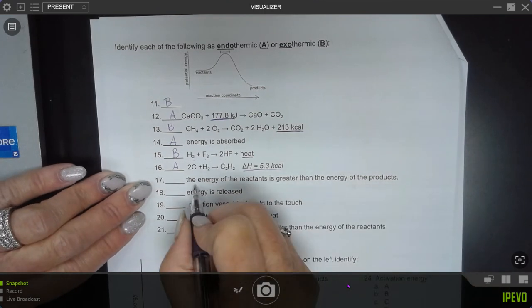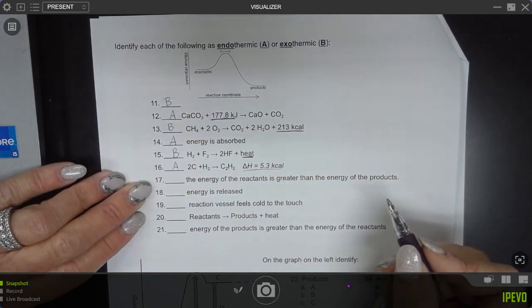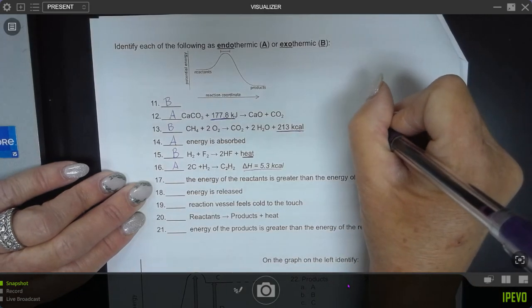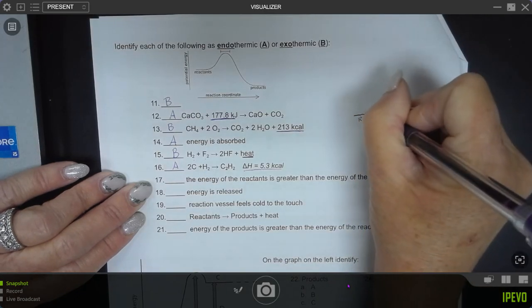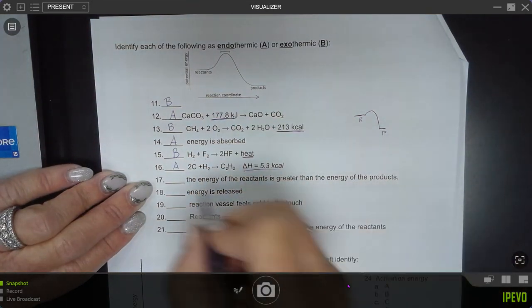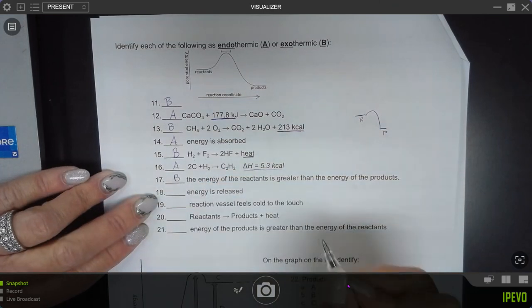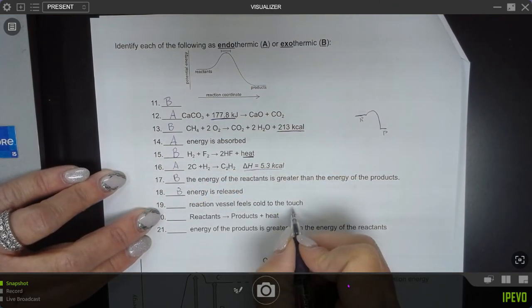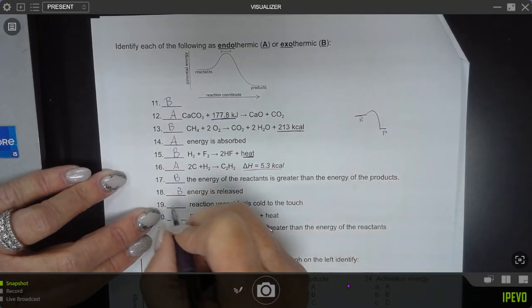All right. The energy of the reactants is greater than the energy of the products. That's going to be exothermic. Energy is released, exothermic. The reaction vessel feels cold to the touch, endothermic.